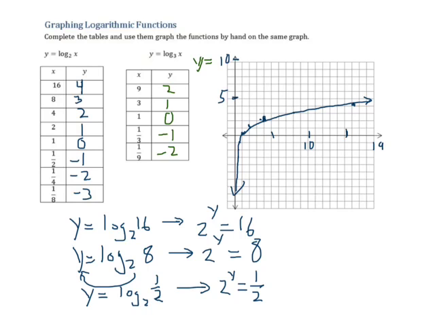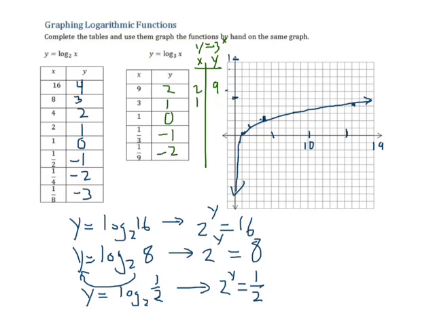which is the inverse there. We have y equals 3 to the x. If we do an xy table for this, y equals 3 to the x: when x is 2, 3 to the second is 9.